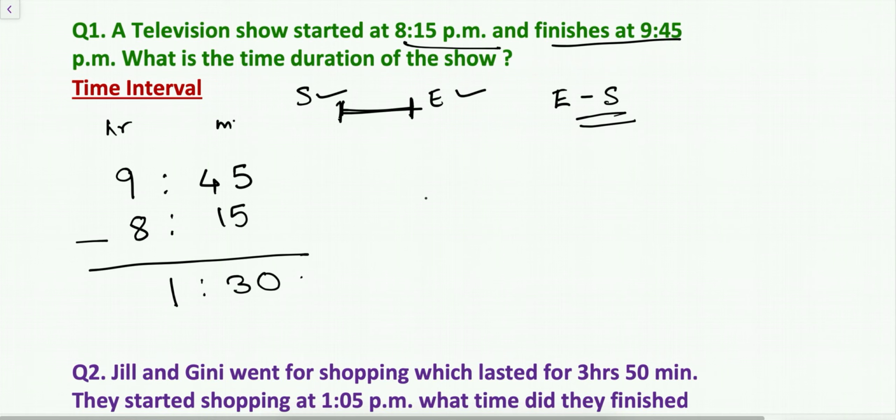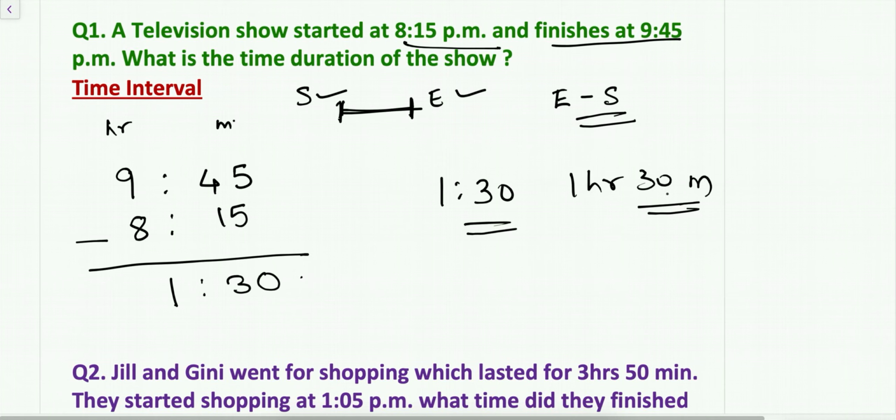So the duration of the show was 1 hour 30 minutes. So this is how we can find the duration when the start time and the end time are mentioned. We subtract the start time from the end time to get the time interval.